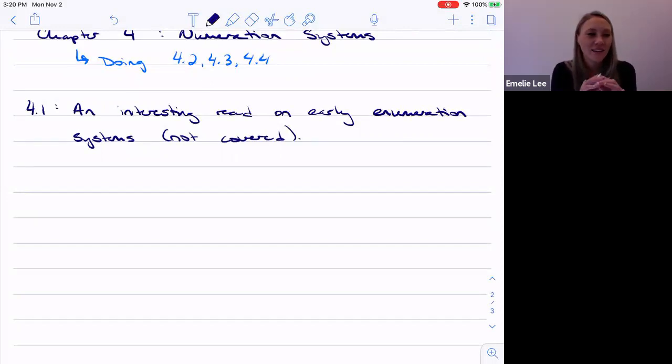They used symbols, and depending on where you were in the world, you used different numeration systems. Even the numeration system that we have today is fairly new.